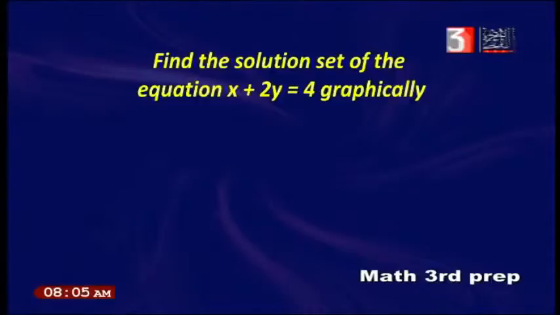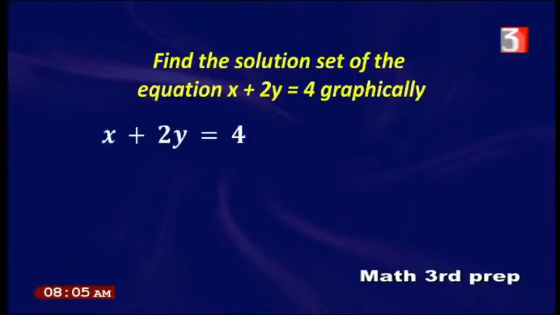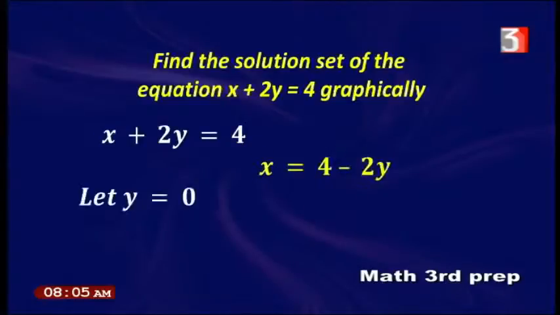First of all, to draw any equation, you must have ordered pairs for the values of x and y, which satisfy the equation x plus 2y equals 4. So we are going to let some values for either x or y. Let y equal 0. Then x equals what?